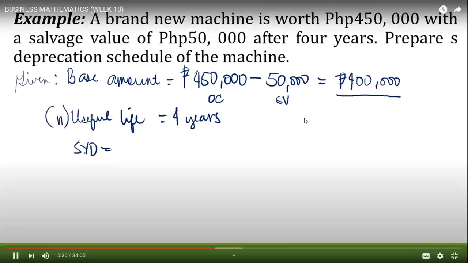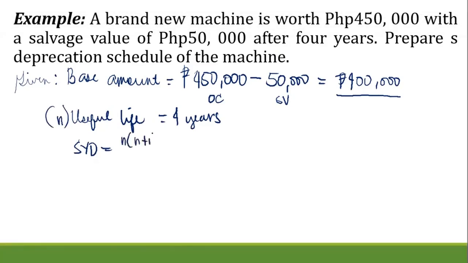If you remember our formula for SYD, it is equal to n times the quantity of n plus 1, over 2. So we substitute the value of the useful life, which is 4 times 4 plus 1 over 2. This is equal to 10.